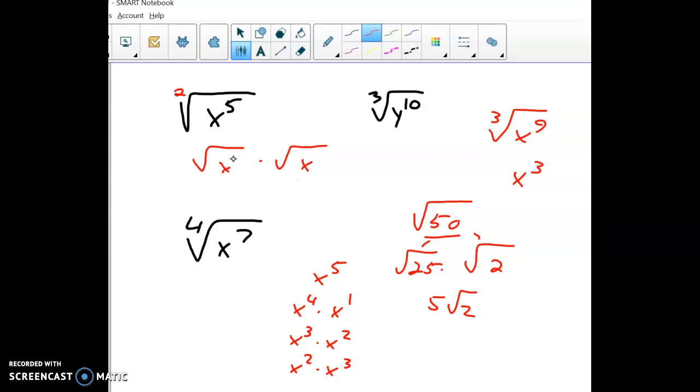And we want the highest number here that is divisible by the index 2. Out of all these choices, 4, 3, 2, I want the highest one that is, and 4 actually works. So I'm going to do x to the fourth and x to the first. Split it with 4 and 1.